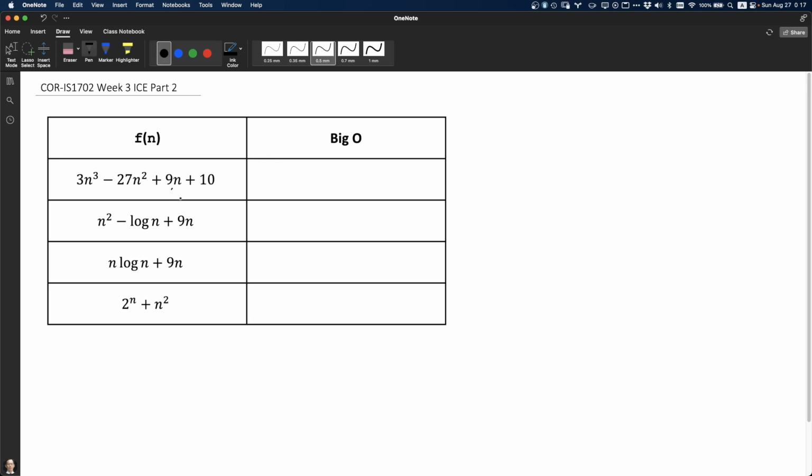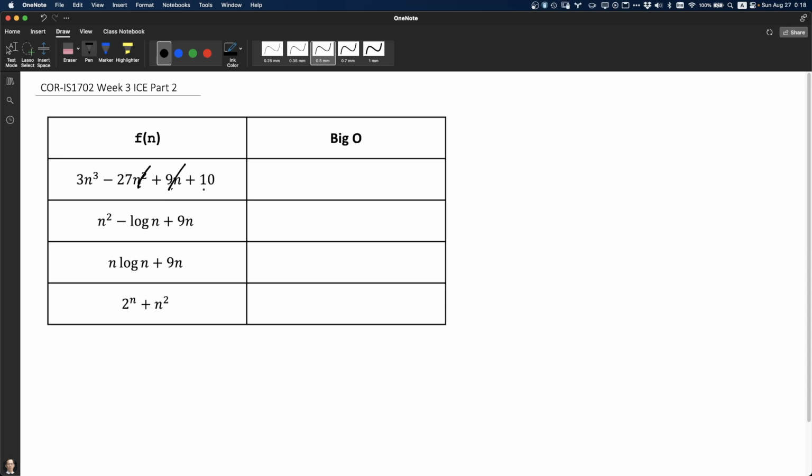Here we look at the first one. You have n cube, n square, and then n, right? So, this is the example we have talked about in the lecture slides. Although all of them are in the polynomial class, if you plot out their value or you just use an Excel spreadsheet to try out their value on different n's, you will see that n cube will dominate n square, and it will also dominate n.